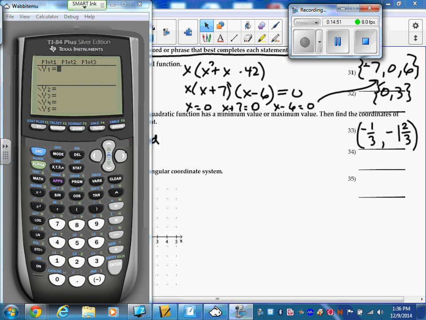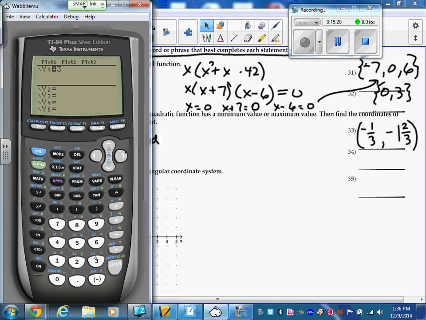Okay, so apparently I graphed the wrong equation, so let's try that one again. It is x to the 3rd power plus x squared minus 42x. You're doing the wrong one. Thank you. I'm doing the wrong one again. Let's try the right one. I had the right one, didn't I?